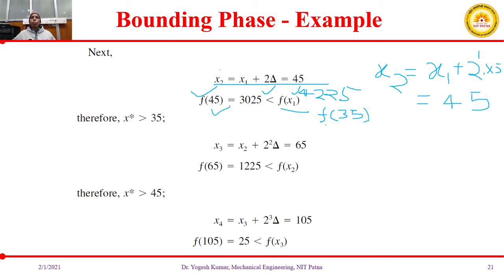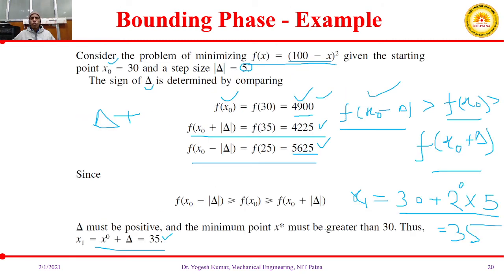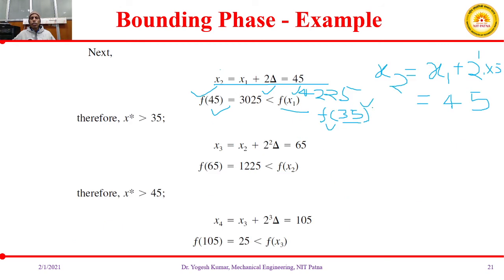If you compare these values, we can see your f(45) is less than f(35). So we can say the optimum value x star will be greater than 35. Previously we concluded that the minimum must be greater than 30. Now we can say the optimum value of x should be greater than 35, because this condition is satisfied.